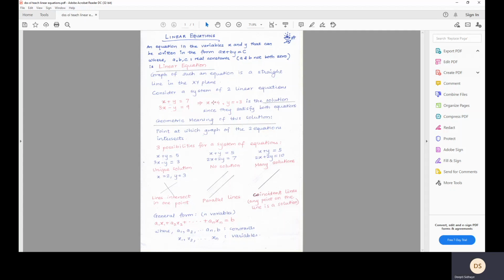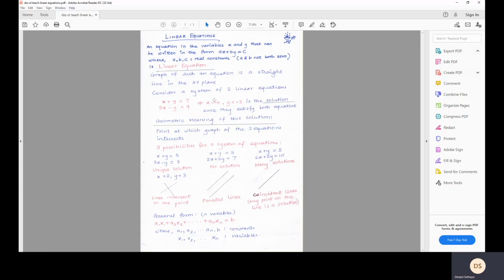Now, there could be different cases. There could be 3 completely parallel planes. In that case, there will be no solution. There could be a case where all the 3 planes are intersecting in one line. Or there could be another case where all the 3 equations represent the same plane. There could also be a case where all the 3 planes are intersecting at a single point.